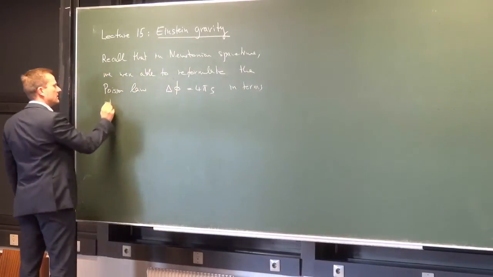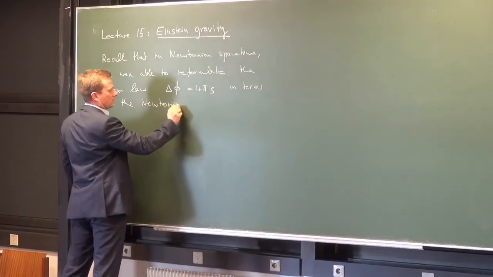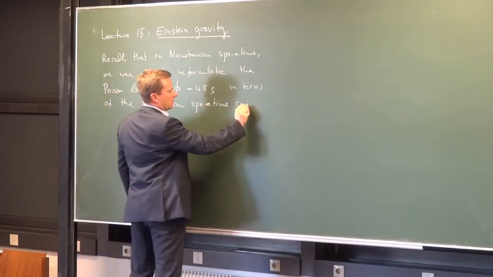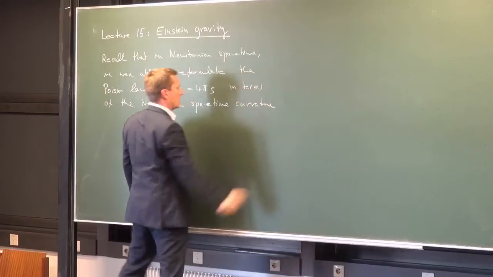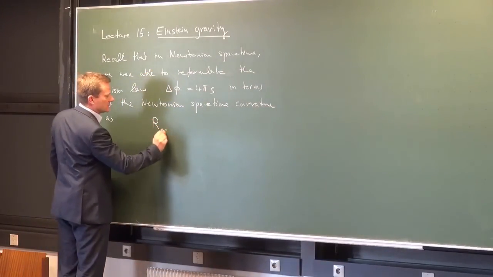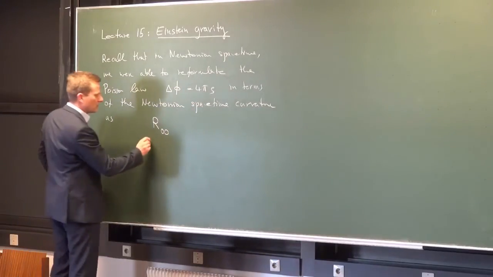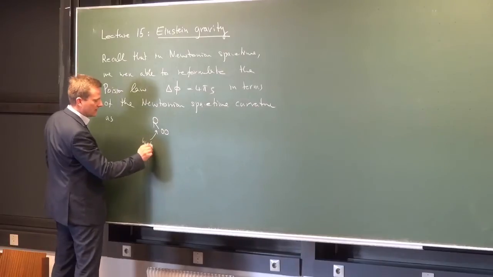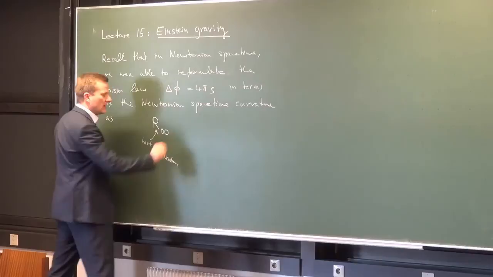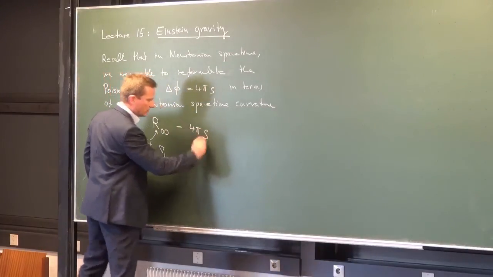of the Newtonian space-time curvature as R00, the 0,0 component of the Ricci tensor with respect to the Newtonian connection that we identified, and that was 4 pi rho.